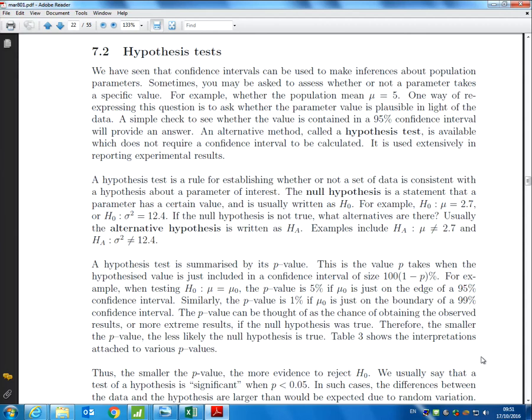Okay, you're going to see shortly that these tests are very closely related to what we've just done, confidence intervals.